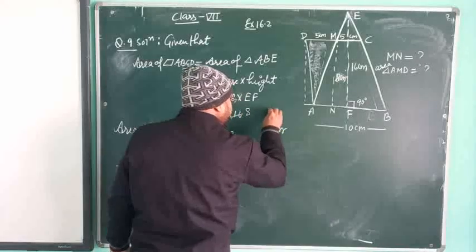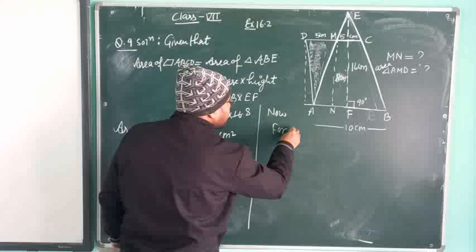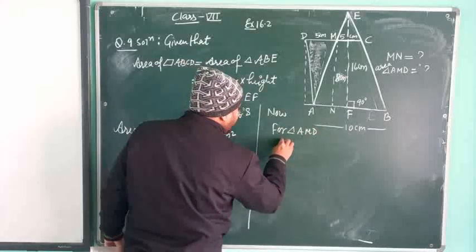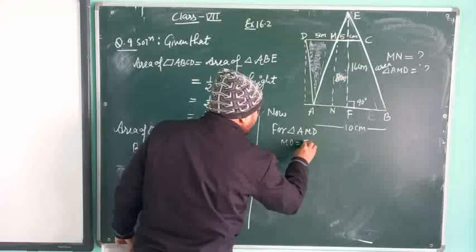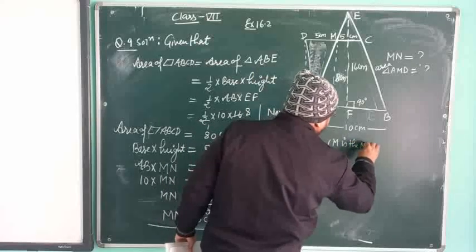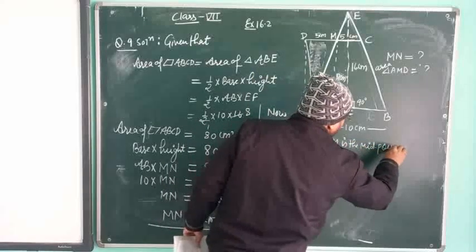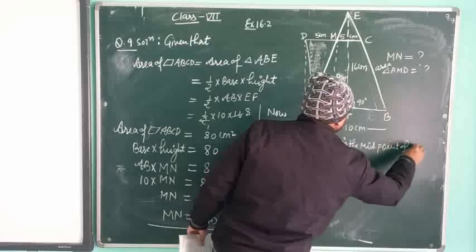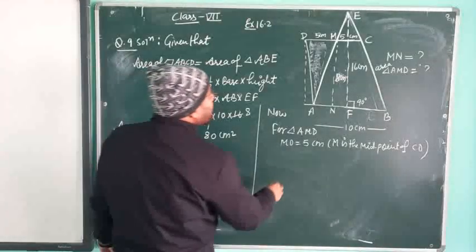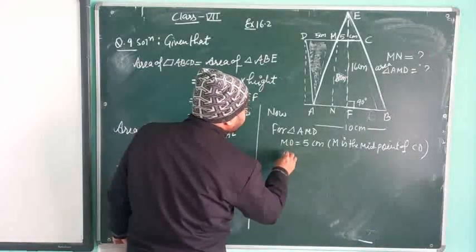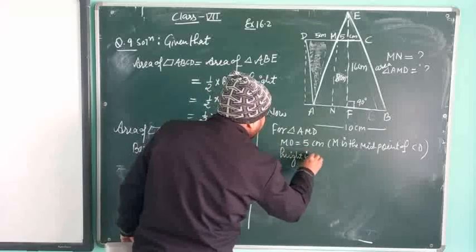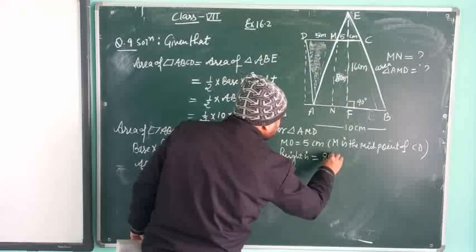Now, for triangle AMD, MD is equal to 5 centimeter because M is the midpoint of CD, and the height is equal to 8 centimeter.